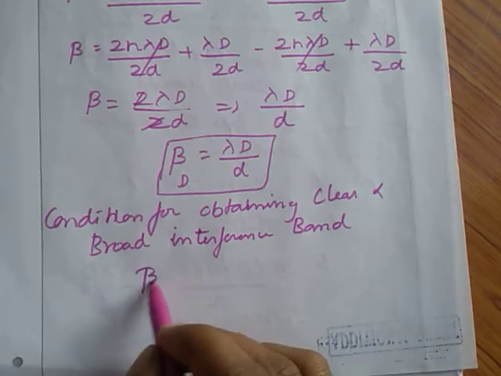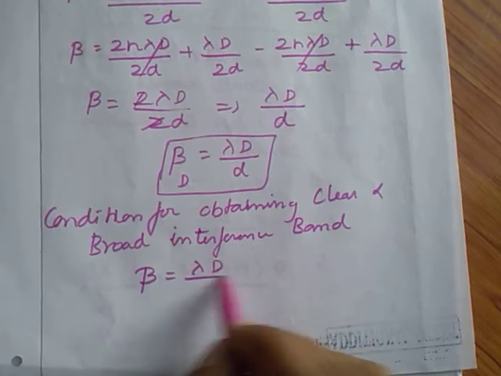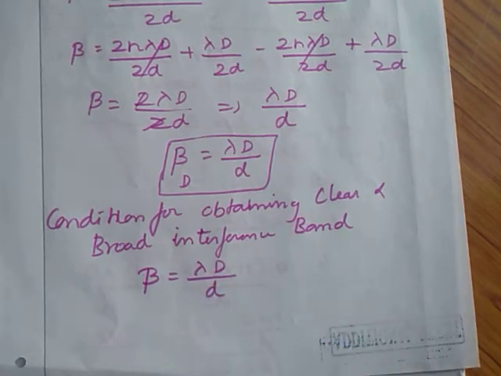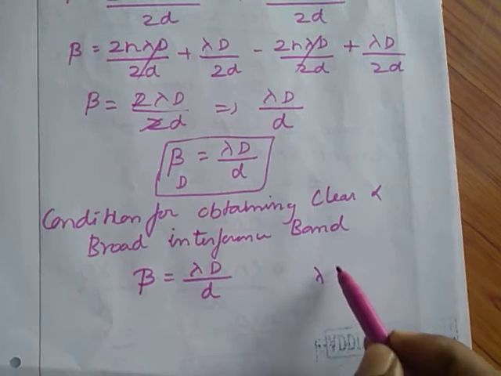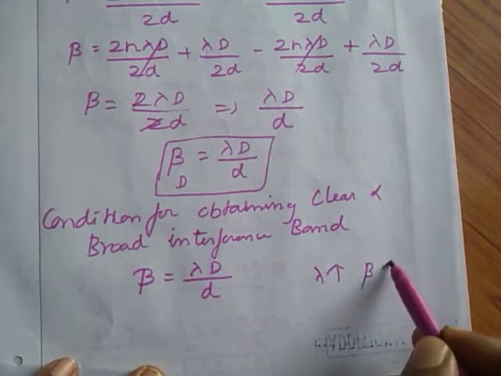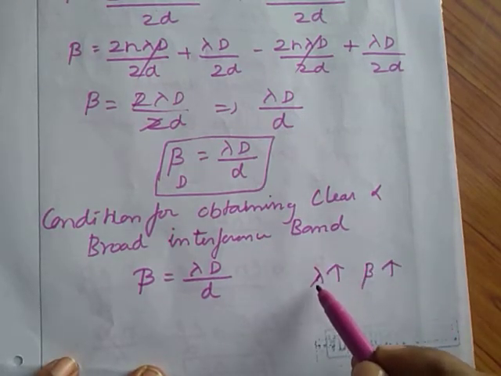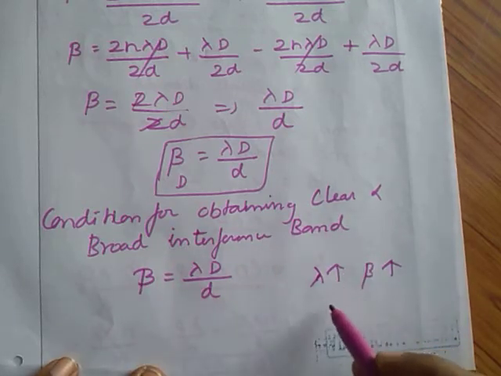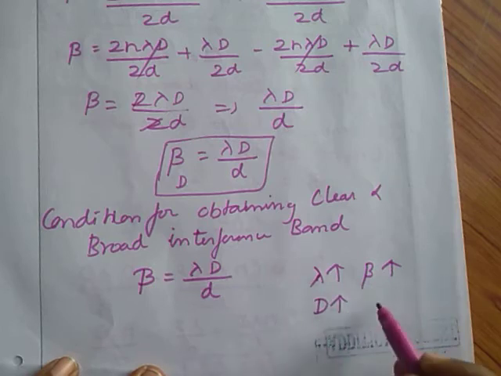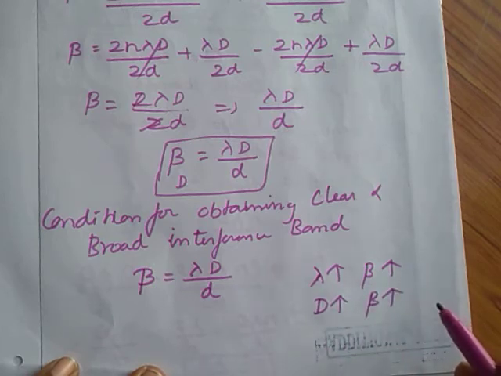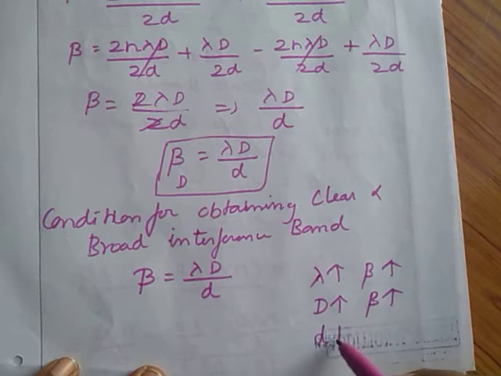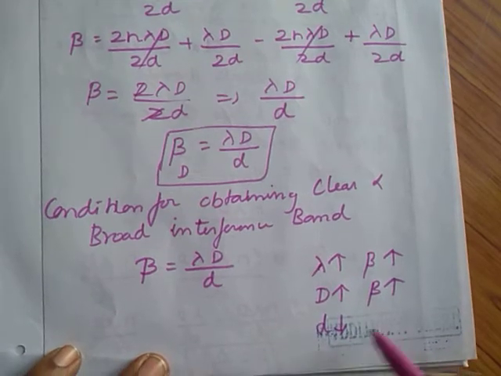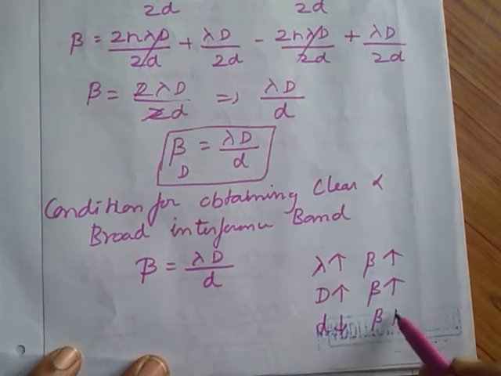We know beta is equal to lambda D by small d. If the wavelength increases, then the bandwidth increases. By increasing the wavelength, we get a clear and broad band. Or by increasing the distance between the source and the screen, that is D, beta will also increase. Or by reducing the distance between the two slits S1 and S2, we can increase the bandwidth beta.